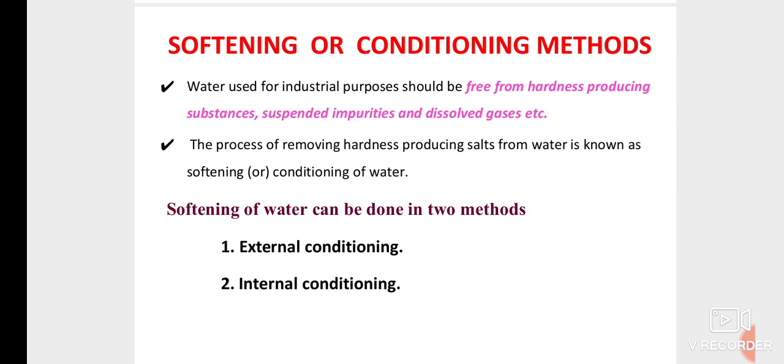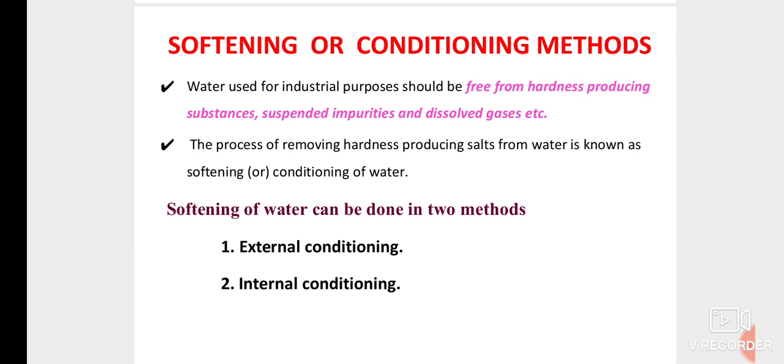Water used for industrial purposes should be free from hardness producing substances, suspended impurities and dissolved salts. If the water has hardness producing salts, suspended particles and dissolved gases, it will produce some troubles called boiler troubles.